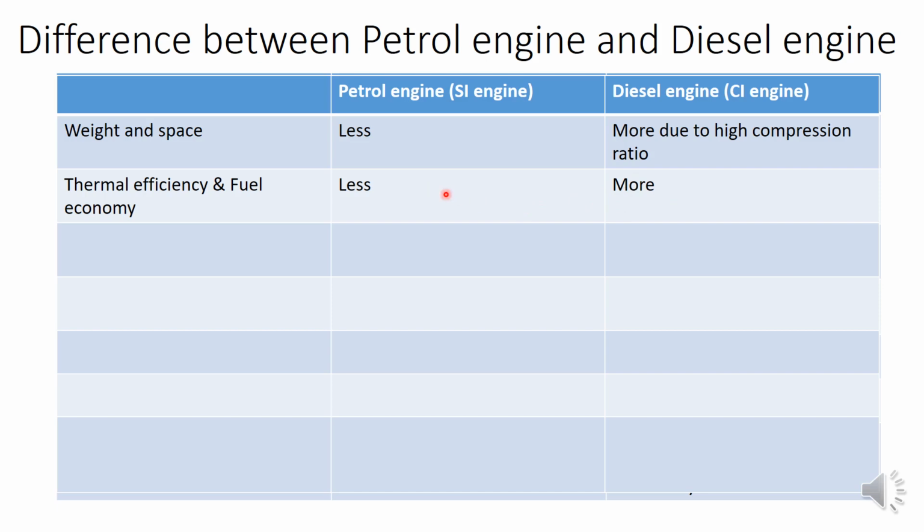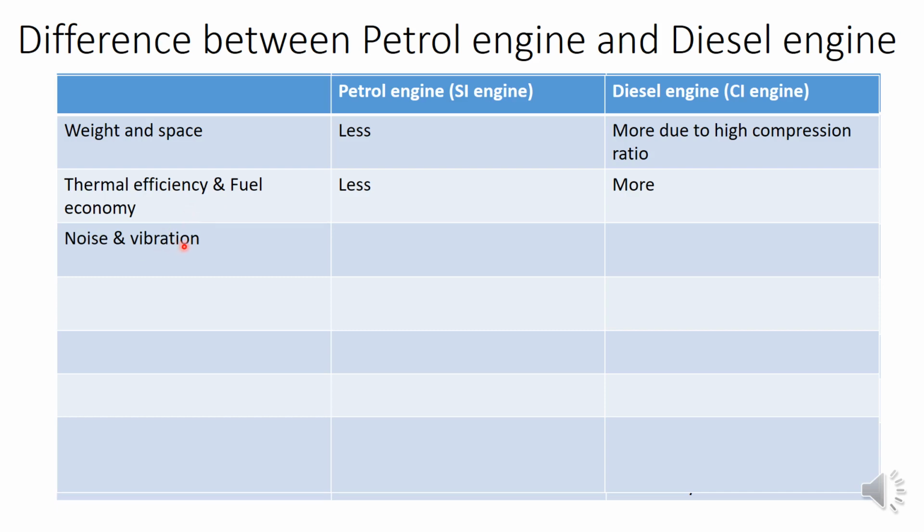So petrol engine works on a lower compression ratio, whereas diesel engine works on a higher compression ratio, and efficiency is directly proportional to the compression ratio. So as compression ratio increases, efficiency will be more, and if efficiency is more, it will result in better fuel economy. So that is why we have more economy and efficiency for diesel engine.